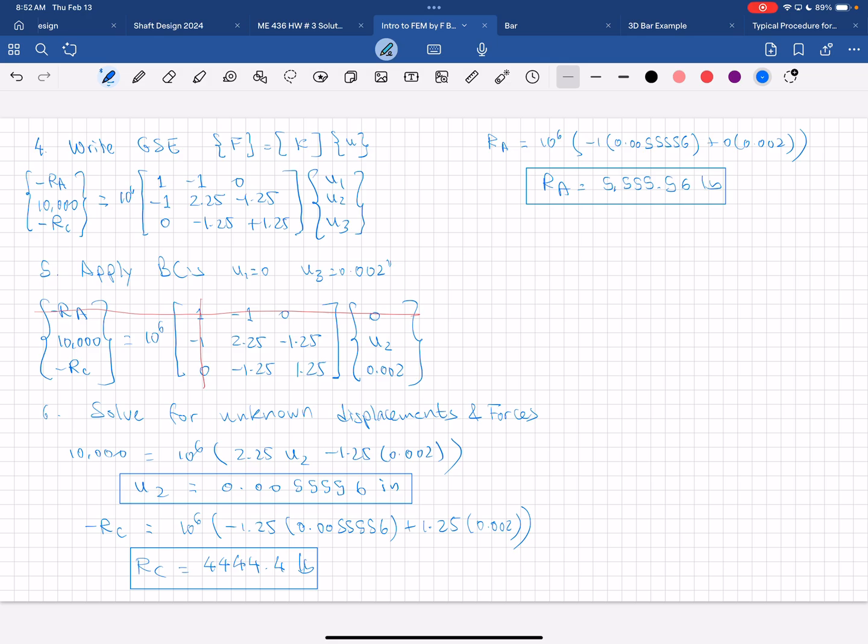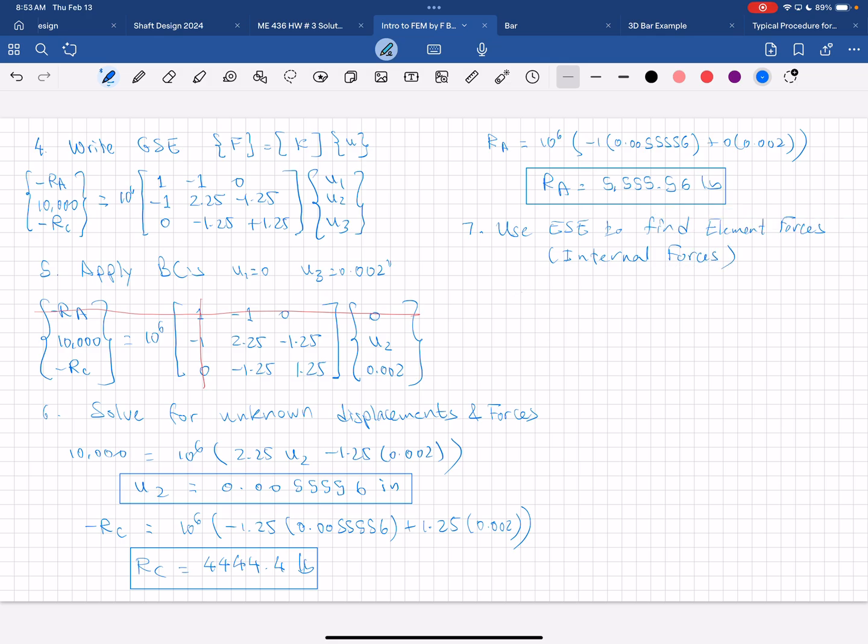And finally, on step number 7 here, we're going to use element stiffness equations to find the element forces or the internal forces in each element.